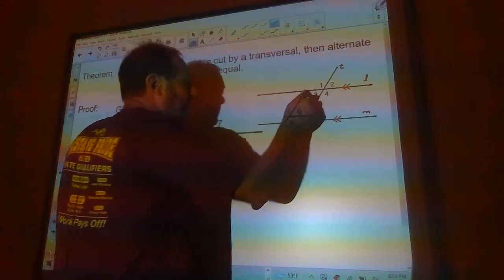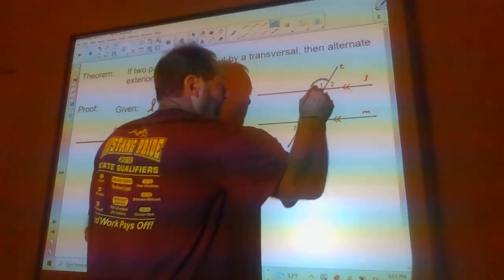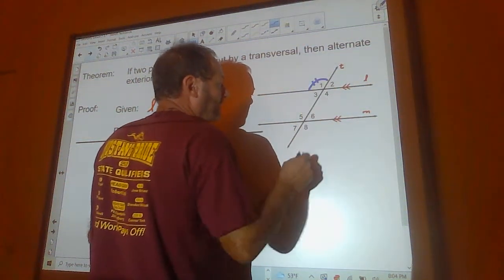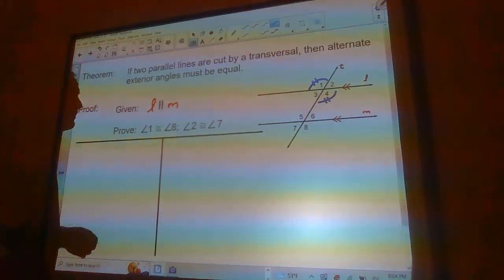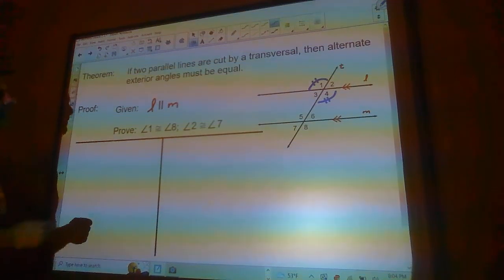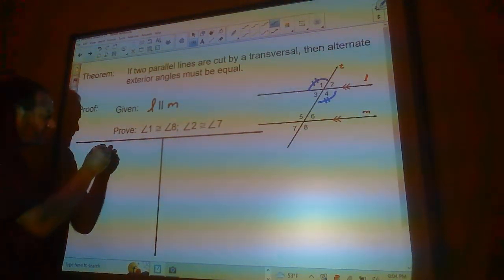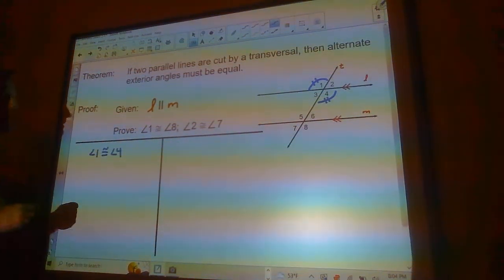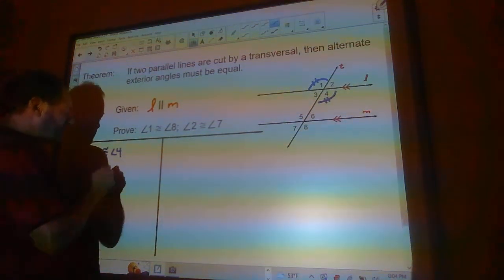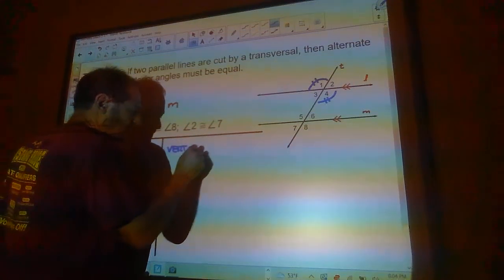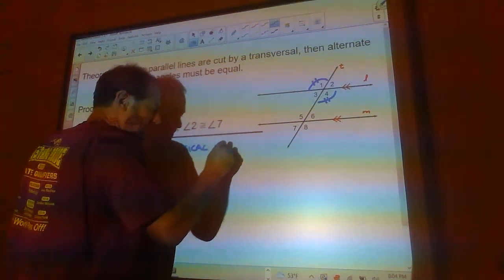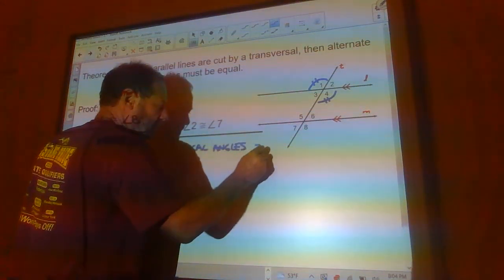So let's start out with, we know that angle 1 is congruent to angle 4, and that is because vertical angles are equal.